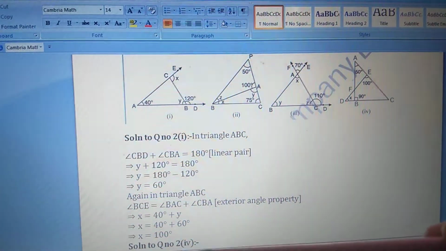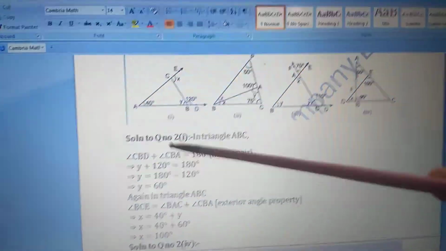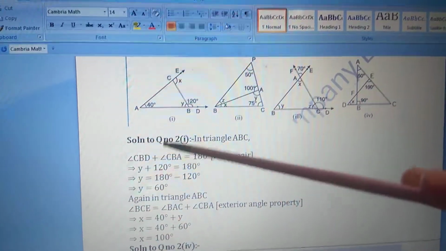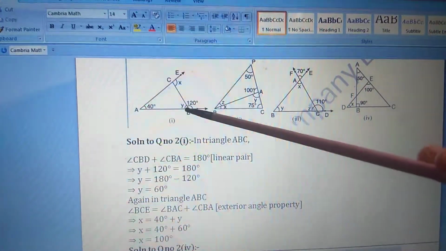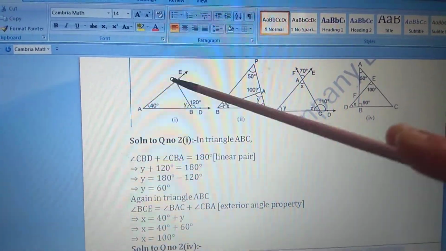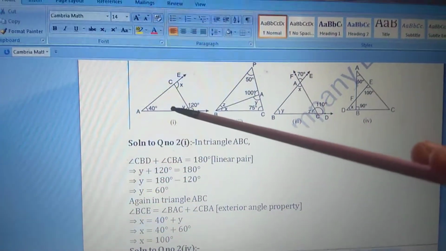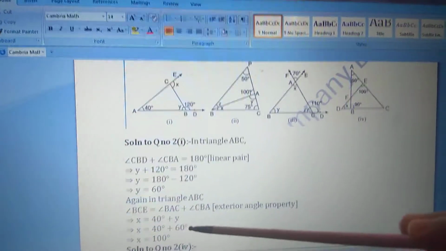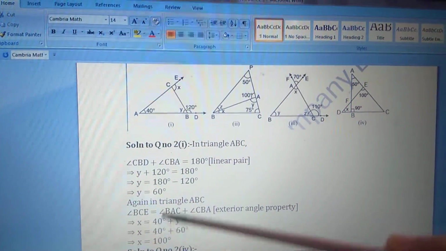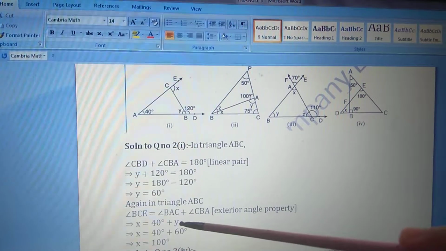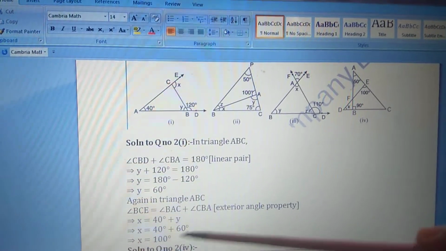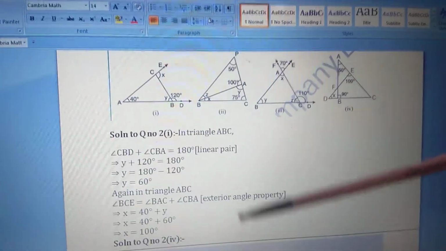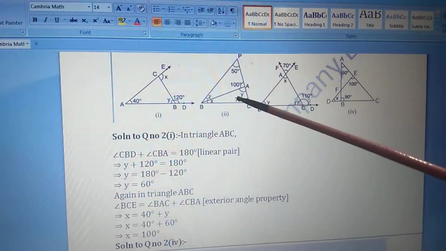So here we can use the exterior angle property. Angle BCE equals angle BAC plus angle CBA. So this is X, this is 40, this is Y. Y is substituted by 60, and by adding we get the result as 100.